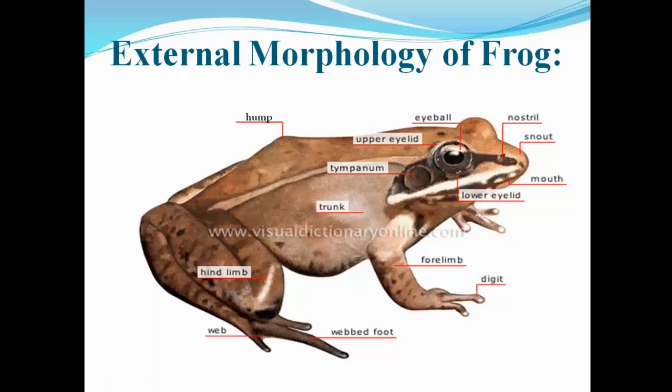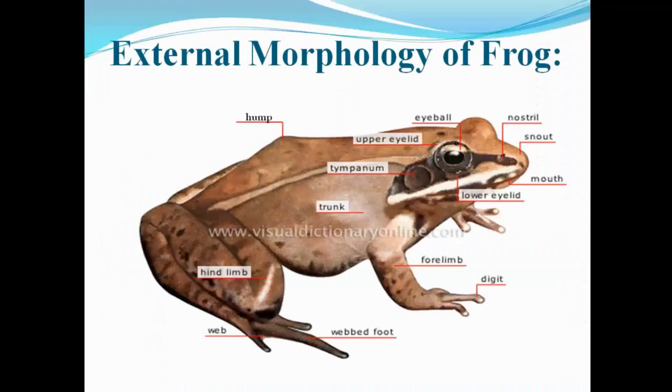Behind the nostril, on either side of the body, there is a large protruding eye, provided with an upper and a lower eyelid, and the third eyelid is present in the form of a nictitating membrane. Behind each eye, there is a circular patch, the tympanum or tympanic membrane, which represents its internal ear.